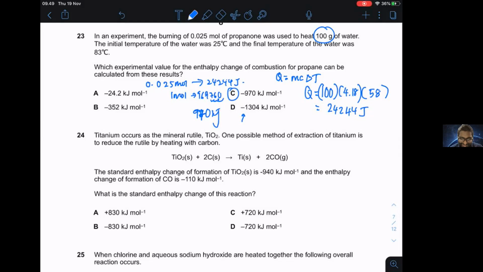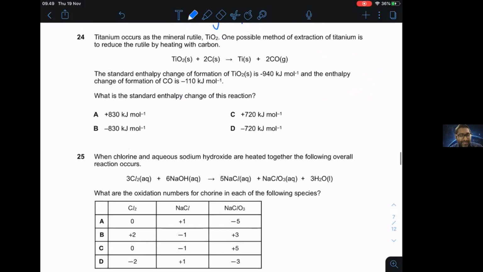Next, let's actually pick up some speed over here. Titanium occurs as a mineral, and one possible method is by heating with carbon. Standard enthalpy change of formation. This one is my method, I really like to use this method. Formation of this is going to be negative 940.